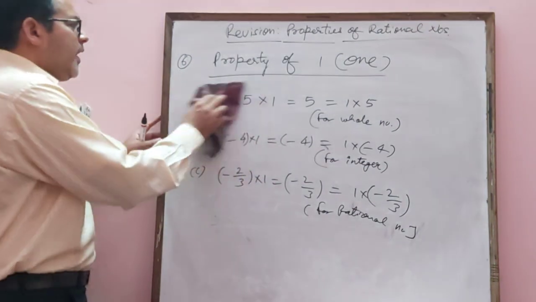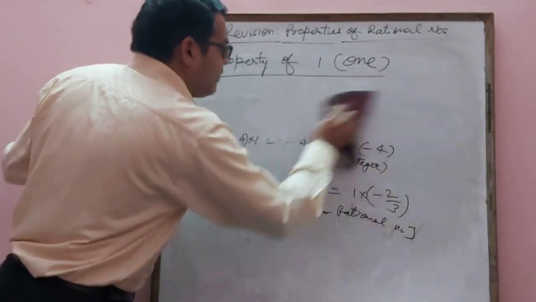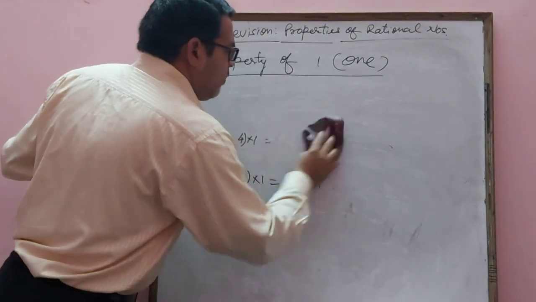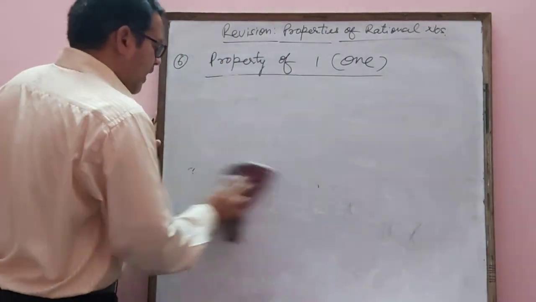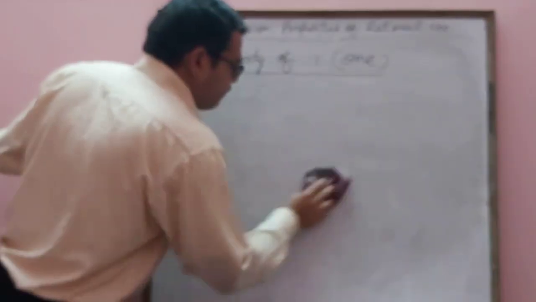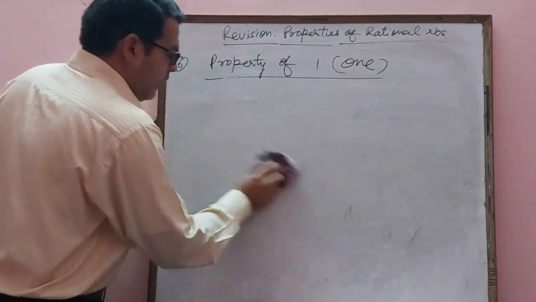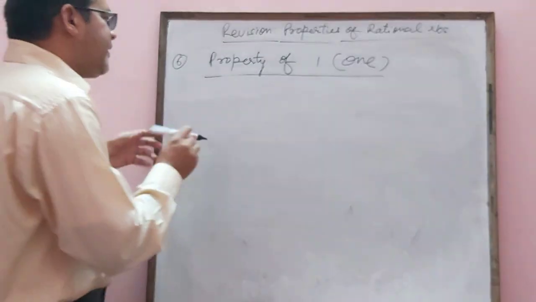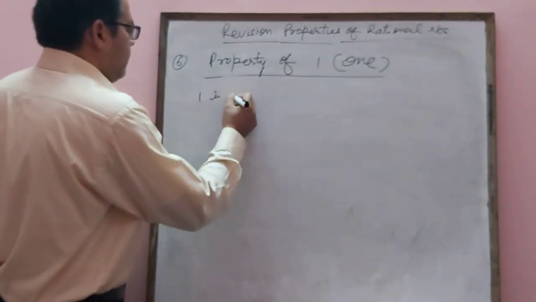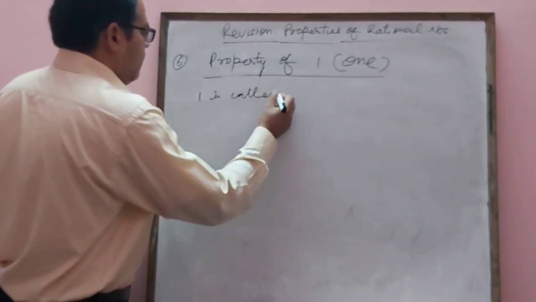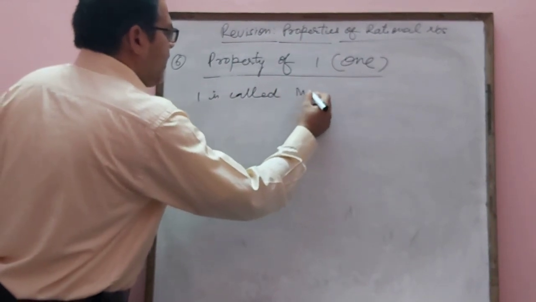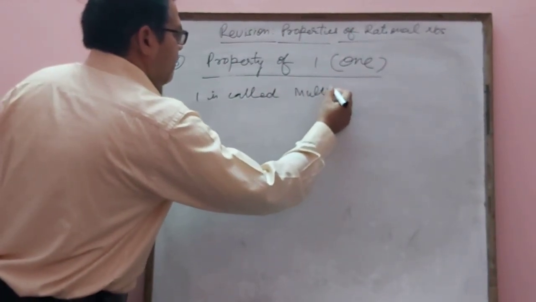So we can say that this 1 has this property, when we multiply it with any number, the result doesn't change. Here this 1 is called multiplicative identity.